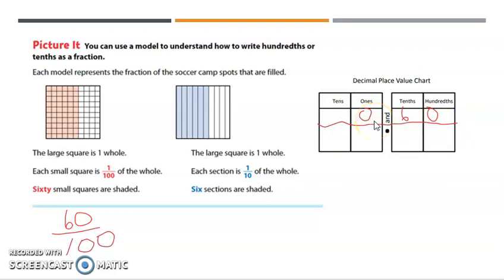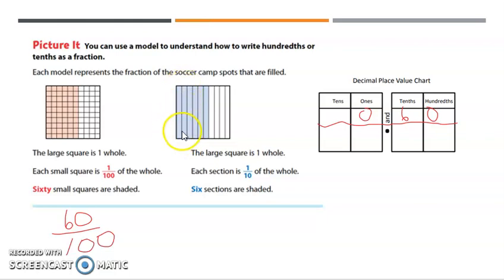60 hundredths. Well, if you notice, what do you notice about this grid and this grid? Do they look like they're equivalent? They should look like they're equivalent because they are. This is divided up into 100 pieces and this is divided up into 10 pieces, but the same amount is shaded.